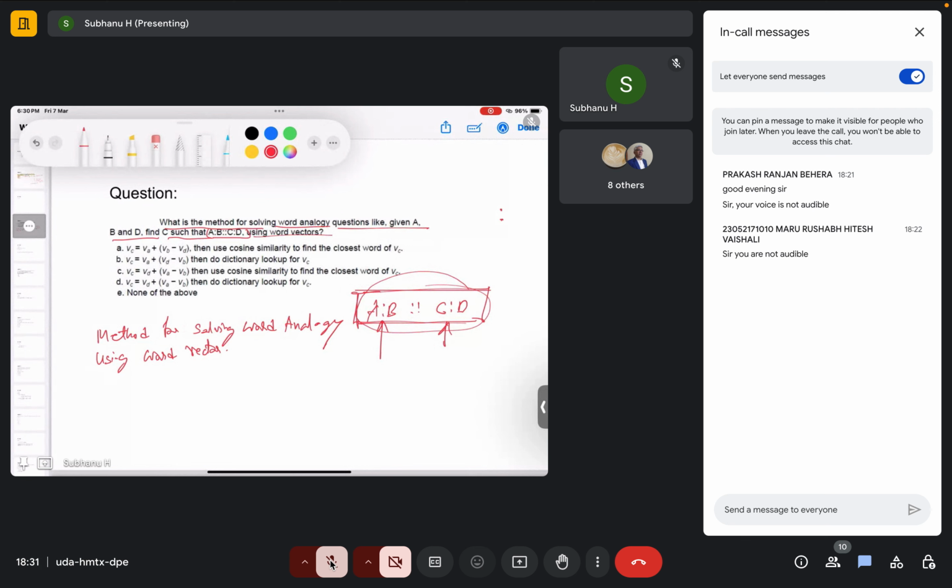Now, using word vectors, we represent each word as a vector using word embeddings like word2vec or GloVe. The core idea behind solving word analogy questions is based on vector arithmetic. You can find out the cosine similarity or any other kind of similarity.